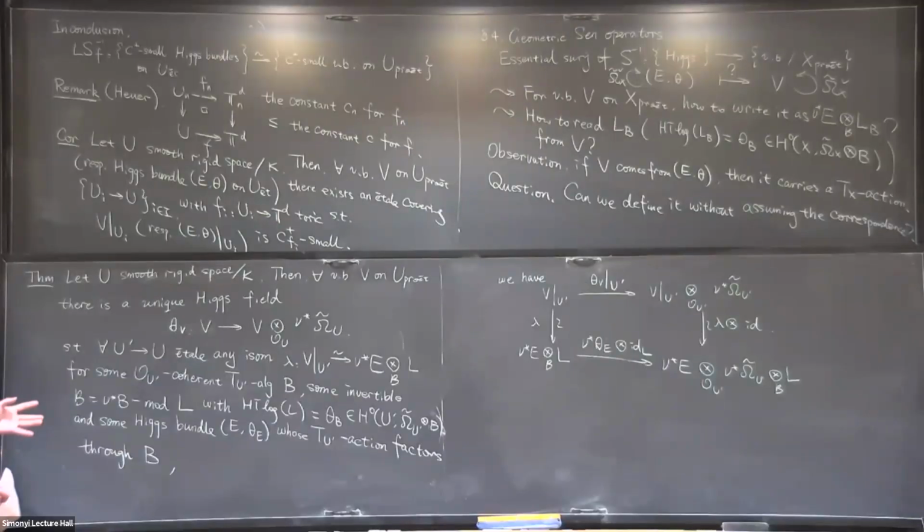But you have to put some conditions on your canonical Higgs field, right? If you just came up with a canonical Higgs field on any pro-étale vector bundle, but you do not give me the compatibility with local correspondence, I don't know what to say about it. Sorry, I'm just asking a dumb question. Let's say the canonical Higgs field is the same one that you're constructing. I just don't construct it through the local correspondence. Do I then get to reproduce some aspects of the local correspondence?